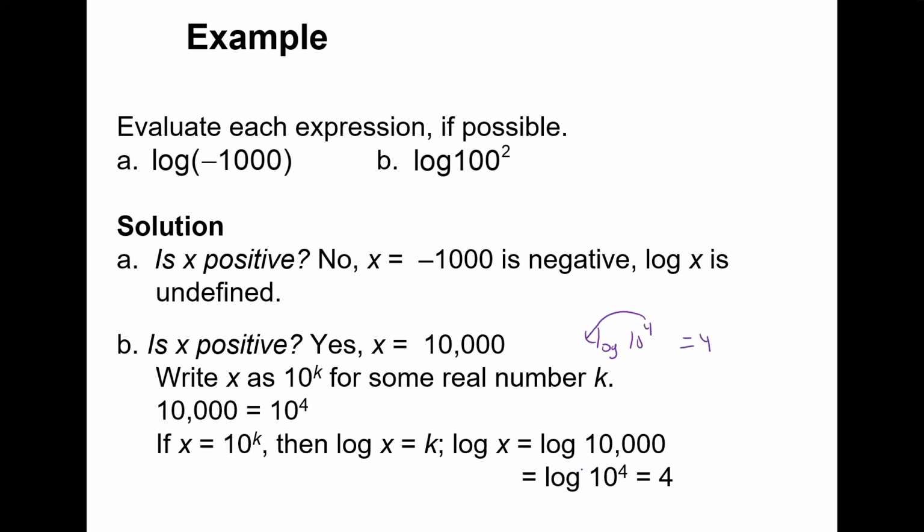That's what they're doing here. Another way to do it: 100 is 10 squared, and that's squared, so we multiply the exponents and get 10 to the fourth right away. Then we take the log of that, and the 4 comes down and does the same thing. Or we can do like they show, square the 100, get 10,000, and then get the 10 to the fourth. So there are at least two ways to do this.